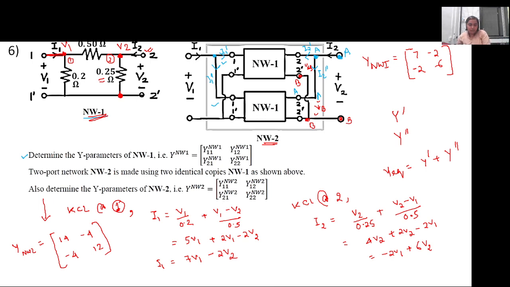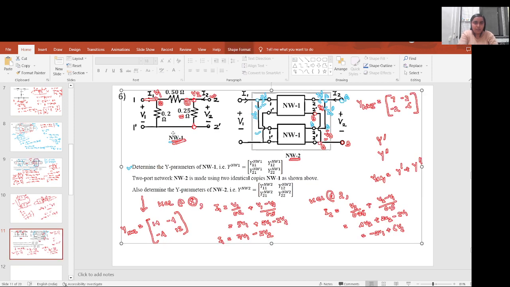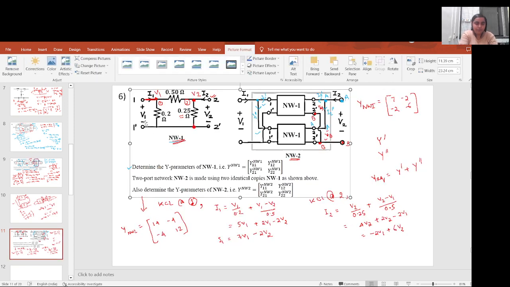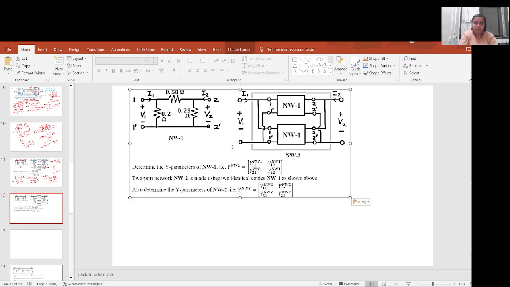This will be the admittance parameter of the outer network, right? Is this clear? Yes, ma'am, it is clear. I'll just show you how it will come. Just consider this network. Okay.